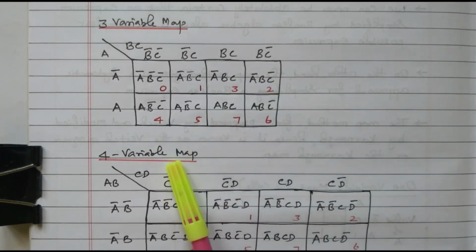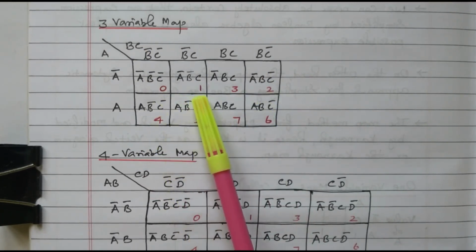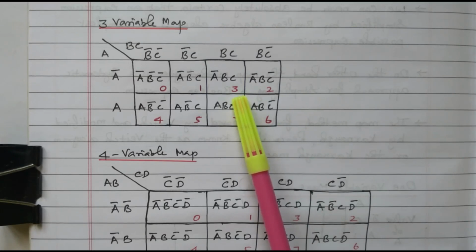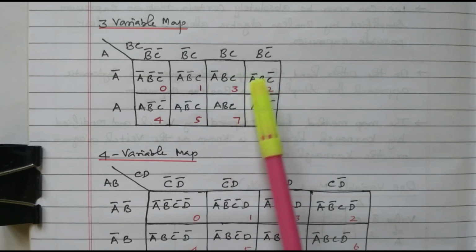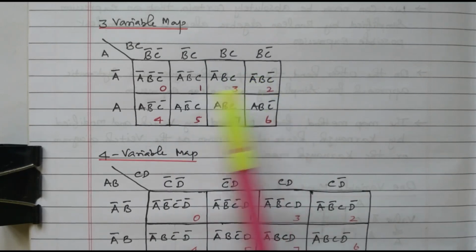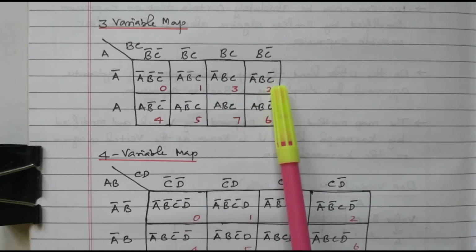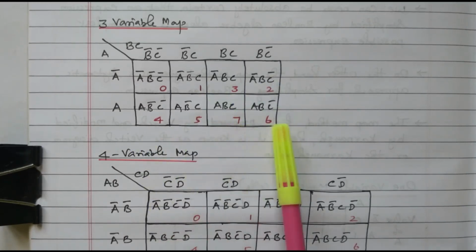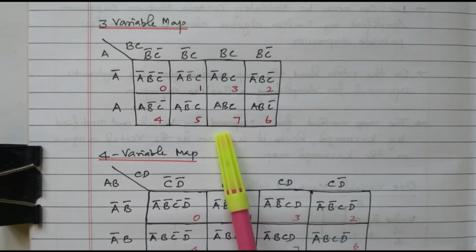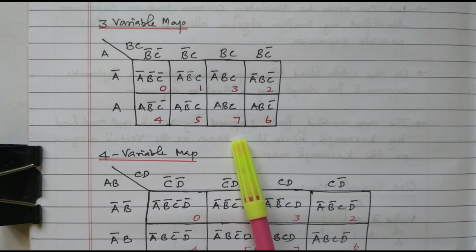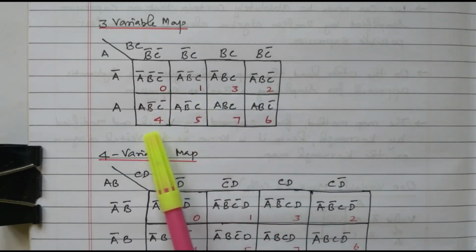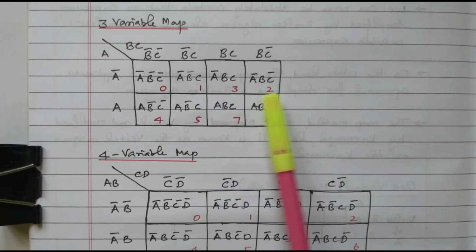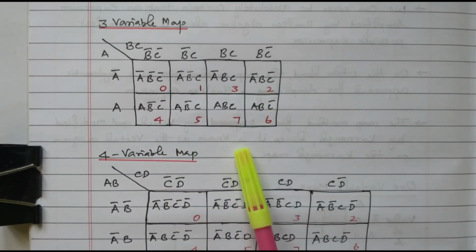See, the min term values 0, 1, 2, 3, 4, 5, 6, 7. Already we discussed that the third and fourth column and third and fourth row are interchanged. Right? 0, 1, then 2 will be available in the fourth column, 3 in the third column, 4, 5, then 6 in the fourth column, 7 in the third column. There is an interchange between the third and fourth column. So the red color represents the min term values 0, 1, 3, 2, 4, 5, 7, 6.